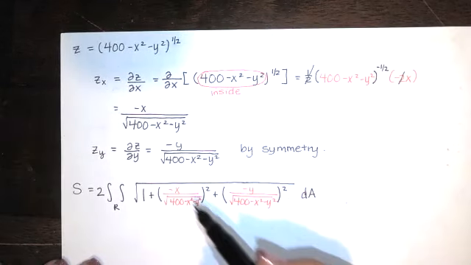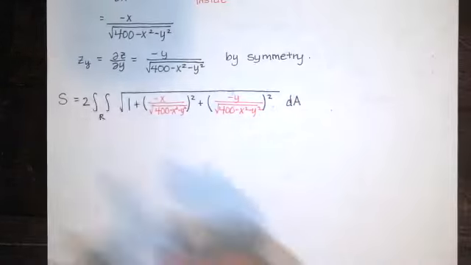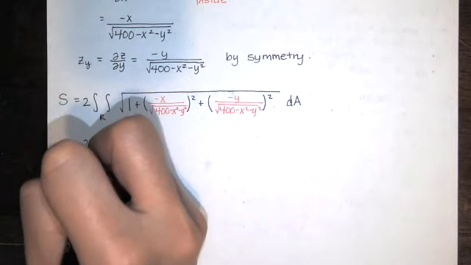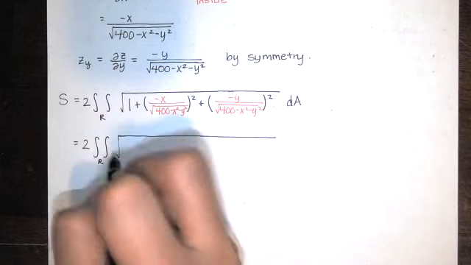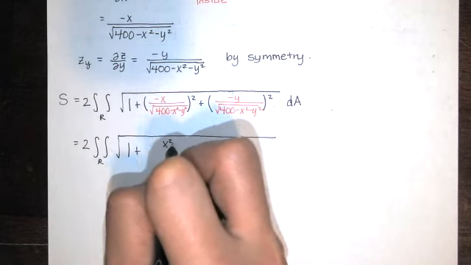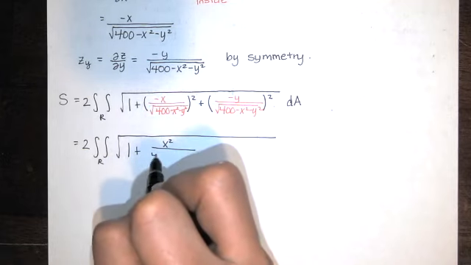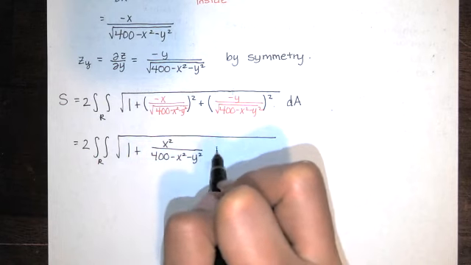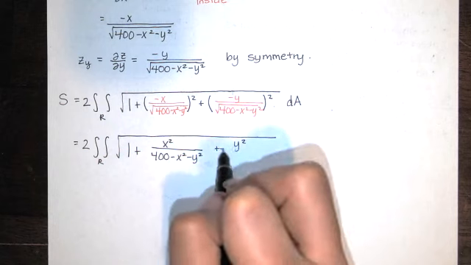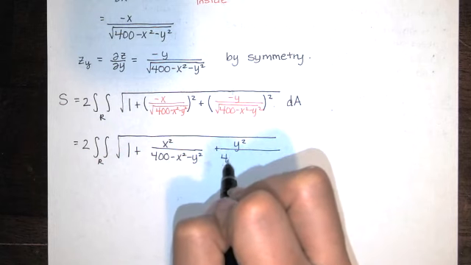Now you've got a fraction squared for both of these. So you'll want to square the numerator, and square the denominator. Squaring that square root just gets rid of the square root. Negative y times negative y is positive y squared.